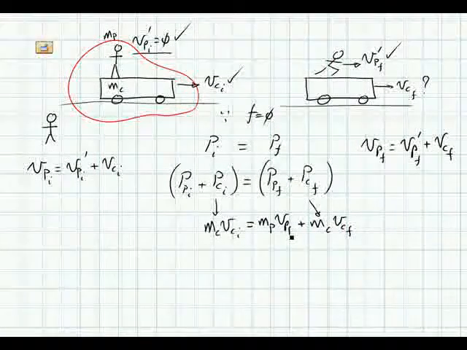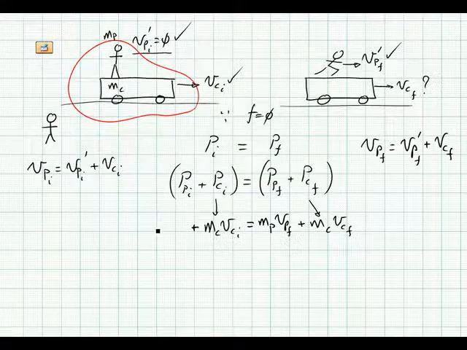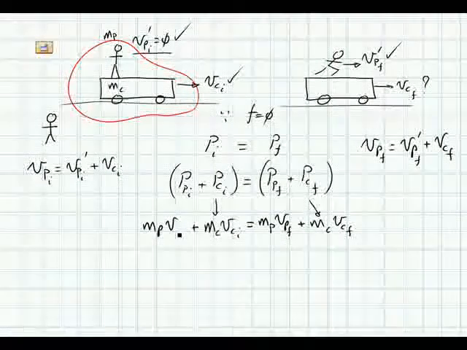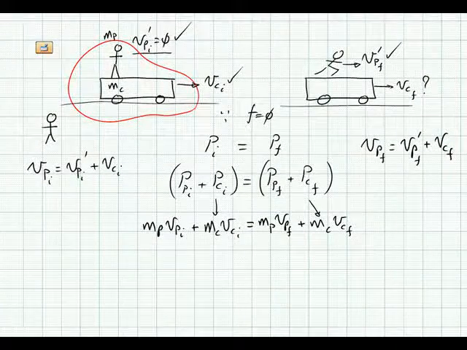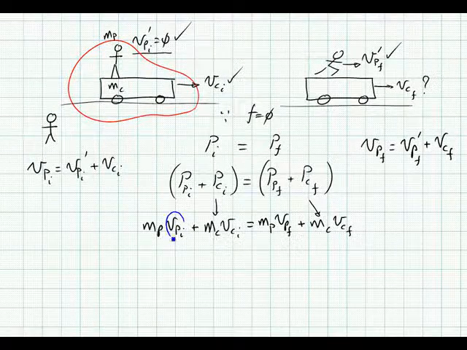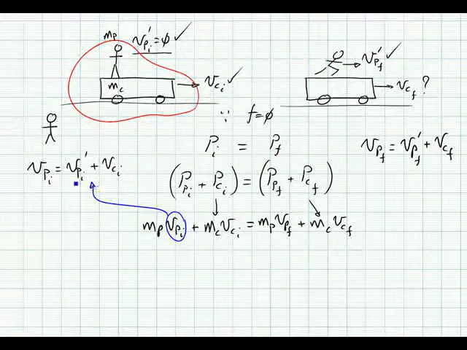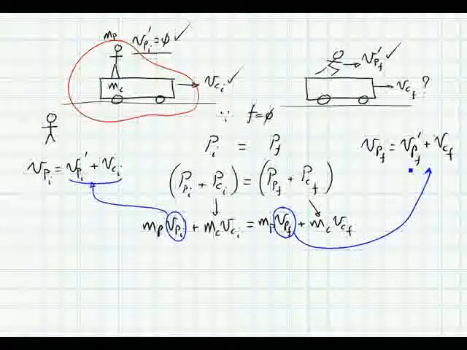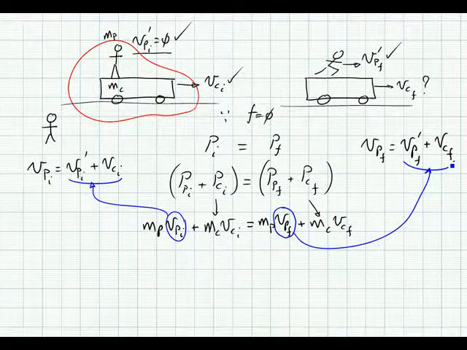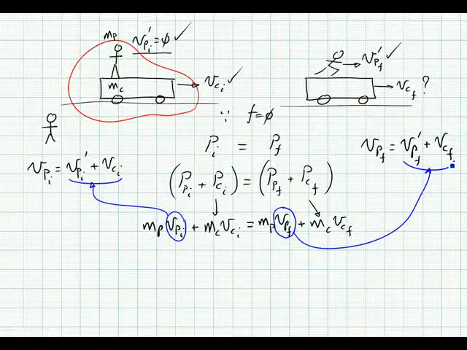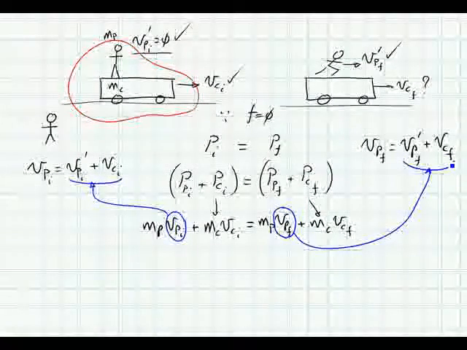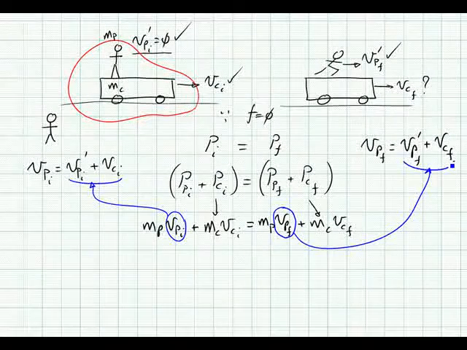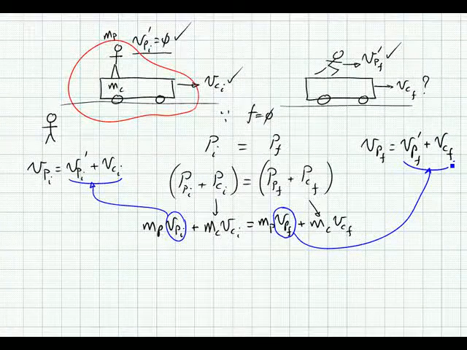So here final, and we have mass of the person, velocity of the person initial. So this term here is that, and this term right there is this. So you use the Galilean transfer function to calculate the velocity of the person in a stationary reference frame.